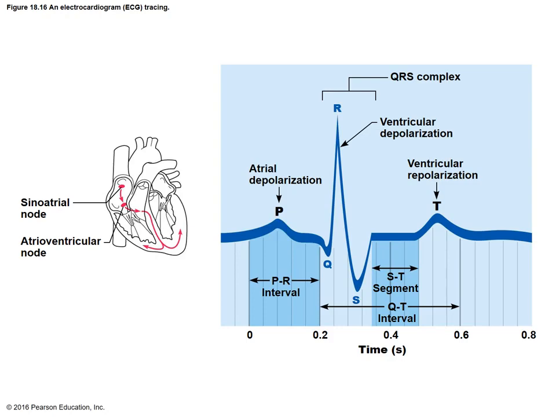Then it returns back to about baseline, then it's going to dip below the baseline, then suddenly peak, and that's the Q, and then suddenly peak way up, that's the R, and then dip down, and the lowest point is the S. That's your QRS complex. And then it should return to baseline for a bit, and then you have another peak, which would be the T wave, which is the ventricular repolarization.